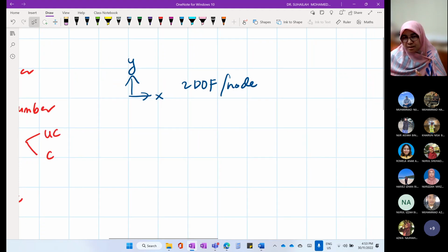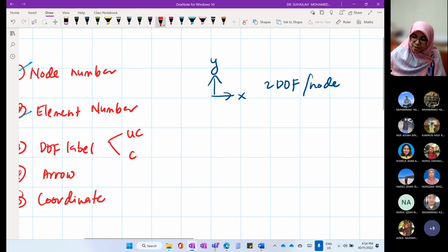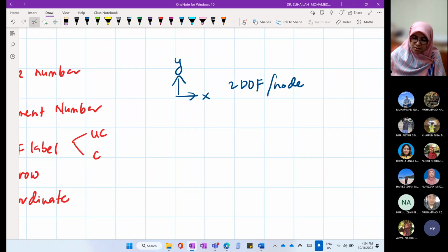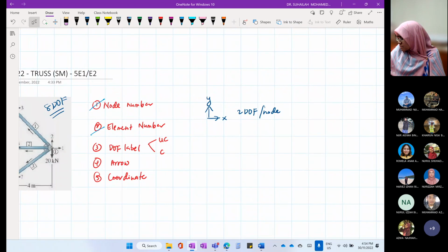And next one, we have to label according to constrained and unconstrained. Constraint refers to support. Pin support, roller support, fixed support, that is constraint. So we have to divide.